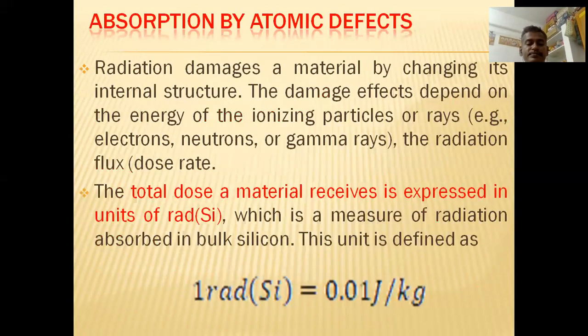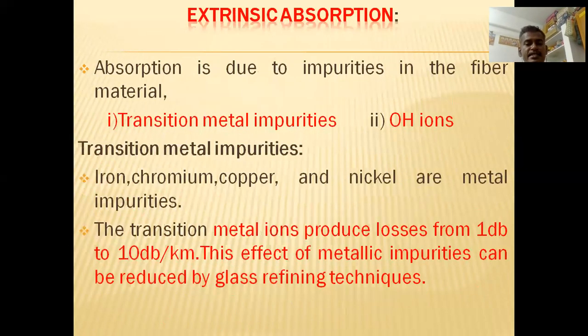Second one is extrinsic absorption. Extrinsic absorption is due to the impurities present in the fiber optical cable. Two kinds of impurities are present: one is metal impurity, and the other is OH, that is, water molecules. The first is transition metal impurity. Examples of metal impurities are iron, chromium, copper, and nickel.